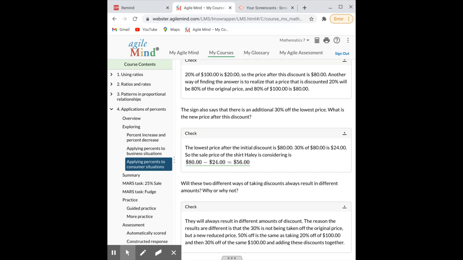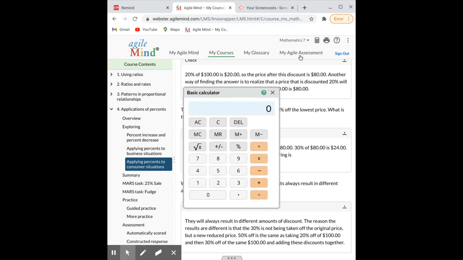Does everybody understand why those are different? Yes, sir. Good. How's that $81? Because instead of taking 10% away from 100 and it being $90, you would take 10% away from 90. But wouldn't that just be 80?